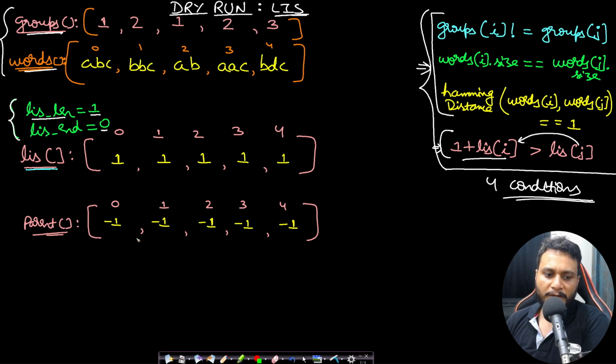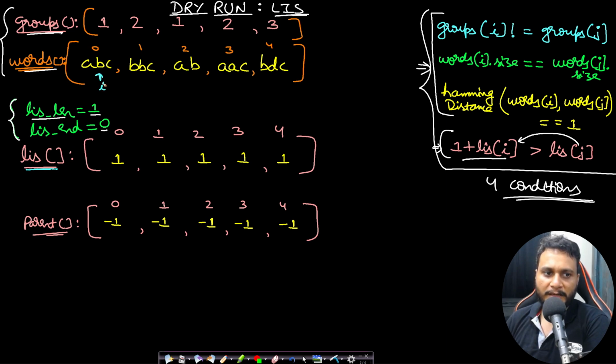That means you can just include a single item and say that this is a valid subsequence, so you can keep it of length 1. And if you look at the parent array, they all have -1 because there is no previous item to it. The parent array will be storing the previous item in your increasing subsequence. Okay. So I think it is clear, and let's now see the dry run.